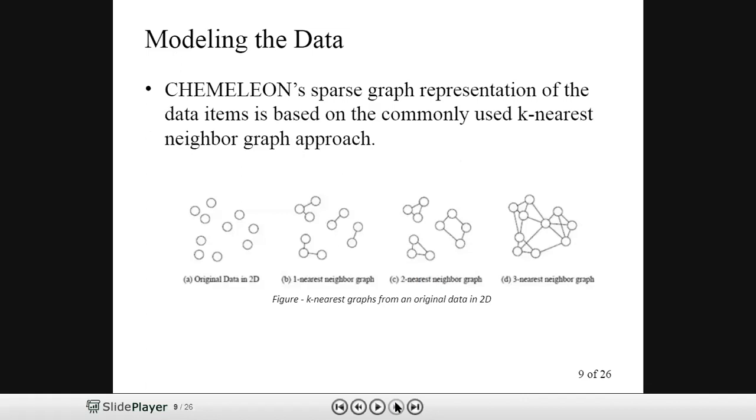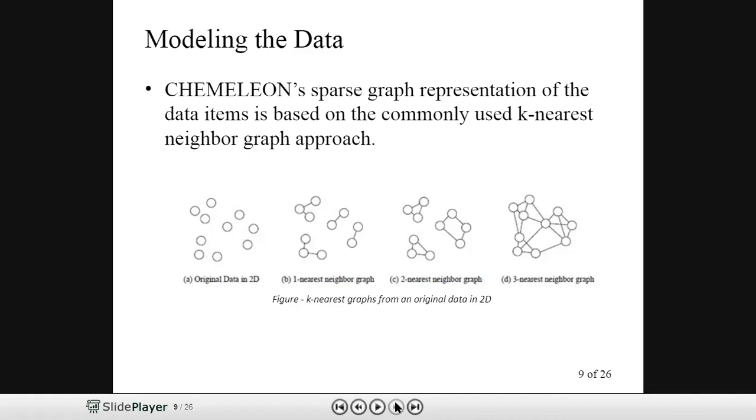First of all, I am showing you an example of forming the k nearest neighbor graph. Here in figure A, each data point is independent and not connected to any other one. In figure B, each node gets connected with its nearest neighbor.